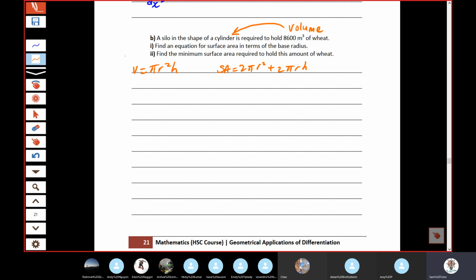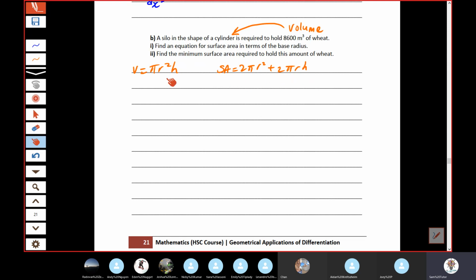All right, here we go. It says find an equation for surface area in terms of the radius. So what letter technically has to disappear here? In terms of the radius. So what letter has to disappear here? H. So if H has to disappear, isn't that the step I already told you to do?